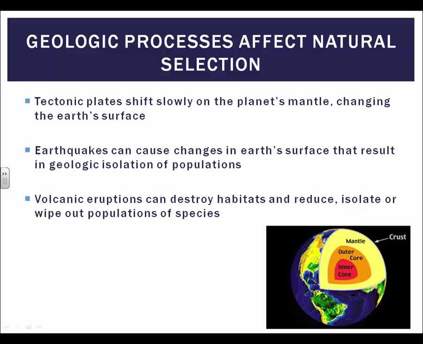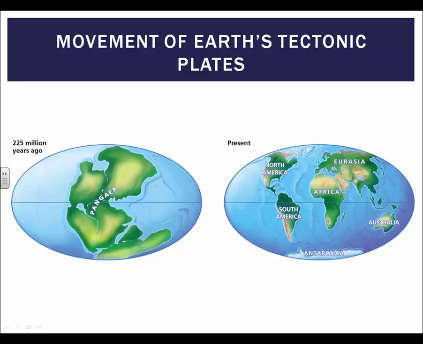So the location of different continents affects climate and thus species distribution. The movement of these plates has allowed the spread and evolution of different species. And earthquakes can change the Earth's surface, and volcanic eruptions can destroy habitats or reduce, isolate, or wipe out populations of species. Here in this image, we're seeing that 225 million years ago everything was all together.